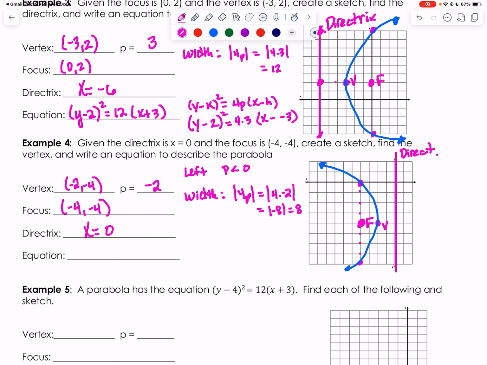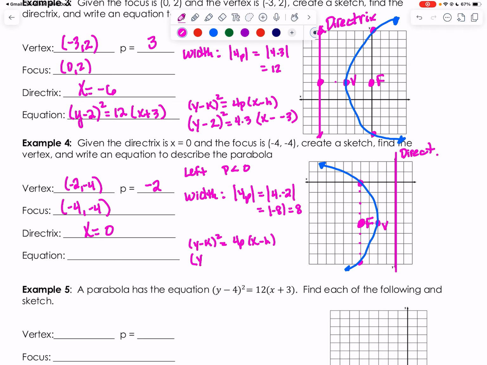All right. Now, because this parabola opens to the left, the formula I'm going to use is (y minus k) squared equals 4p times (x minus h). So I'll plug in my given information.